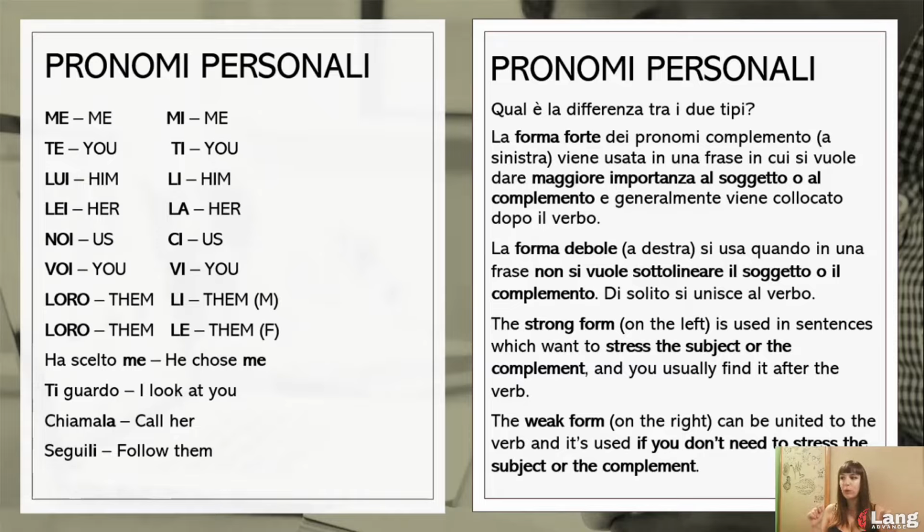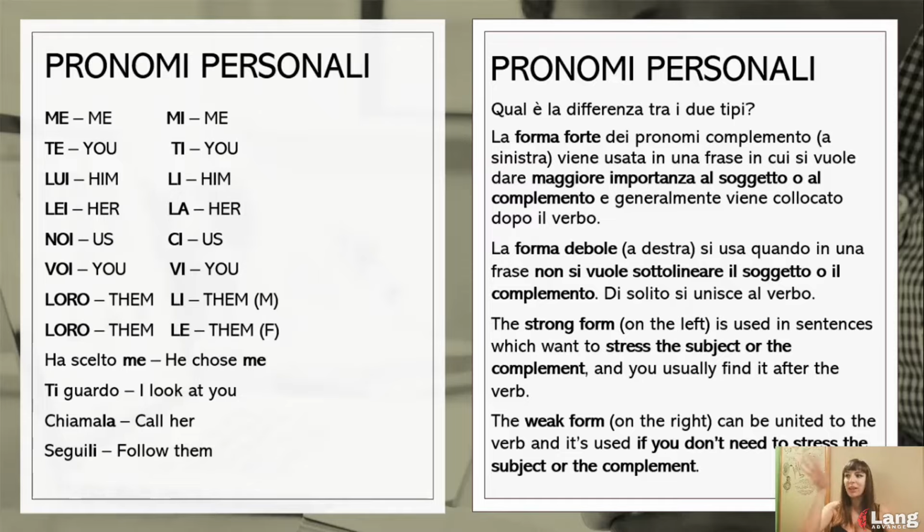I'll make an example, lui ha scelto, he chose, who? You don't need a preposition. So you put me. Ha scelto me. But let's say if I wanted to say I went to him, io sono andata da lui, da is a preposition.